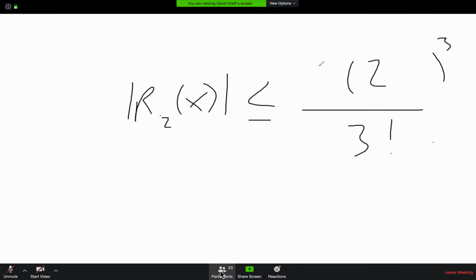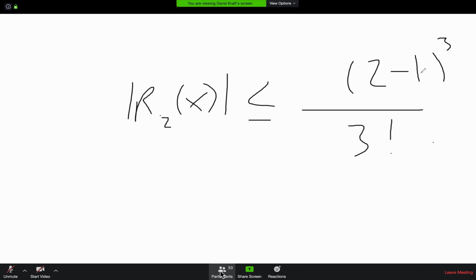2 minus 1, because 1 is the center. Folks, it's x minus a to the power of n, yes? Well, in this case, n plus 1 because we're dealing with a remainder. So that's third power, x minus a. So I put the biggest number on the interval, which is 0 to 2, but I have to put the minus 1 there, because it's x minus a.